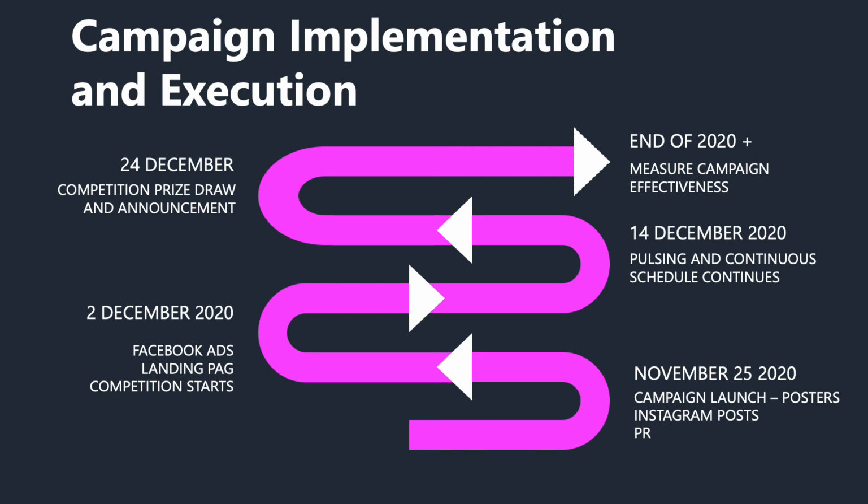The posters in store will remain in store and on site, and the landing page, of course, will be there for the duration of the campaign. On the 24th of December, the competition prize draw and announcement will occur, and that means on the 25th, which is Christmas Day, will be the end of the campaign.